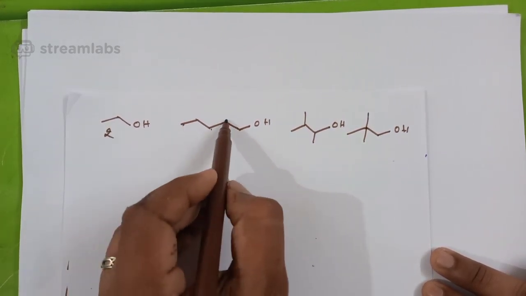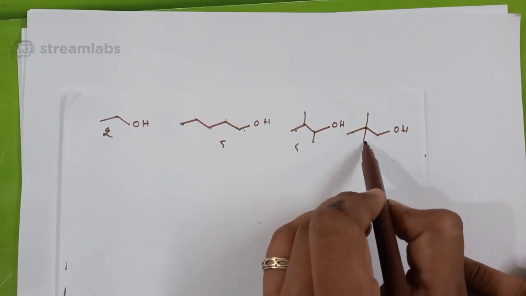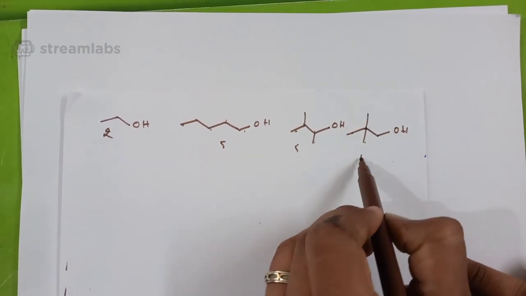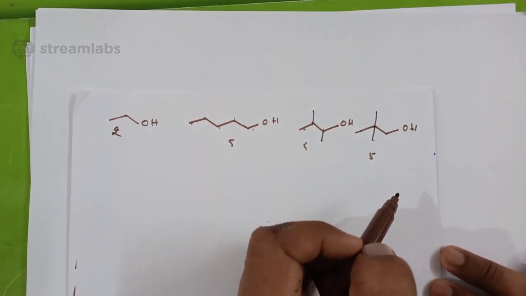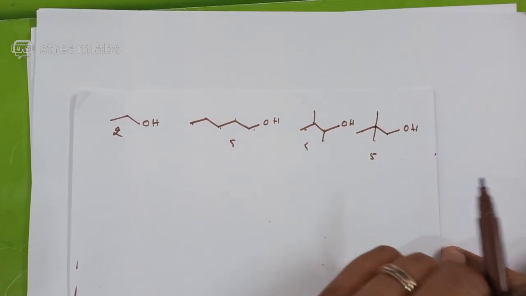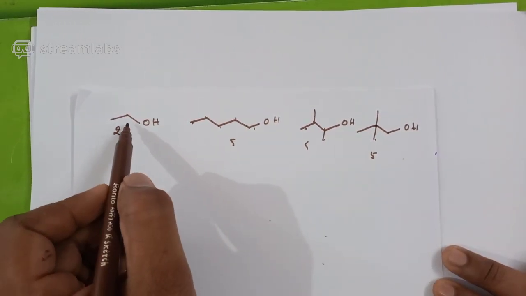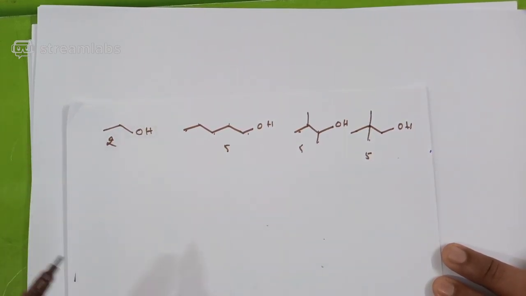Here 1 2 3 4 5 carbons, 1 2 3 4 5 carbons. Here also 5 carbons. Now the branch is nothing but chain surface area, we have to see. Here only 2 carbons, so it has more.